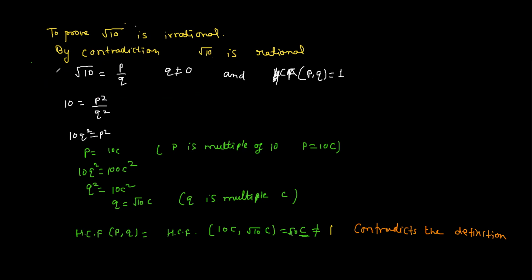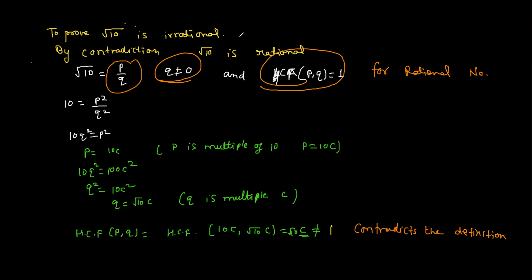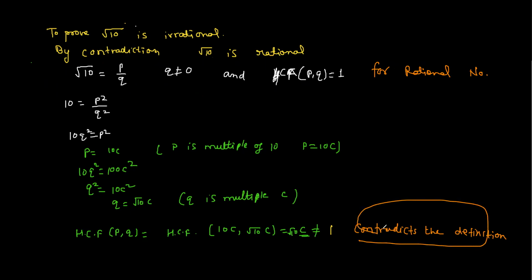A rational number can be written as P by Q such that Q is not equal to 0 and one more condition, HCF must be equal to 1, right? But here it contradicts the definition. Yes, hence proof.